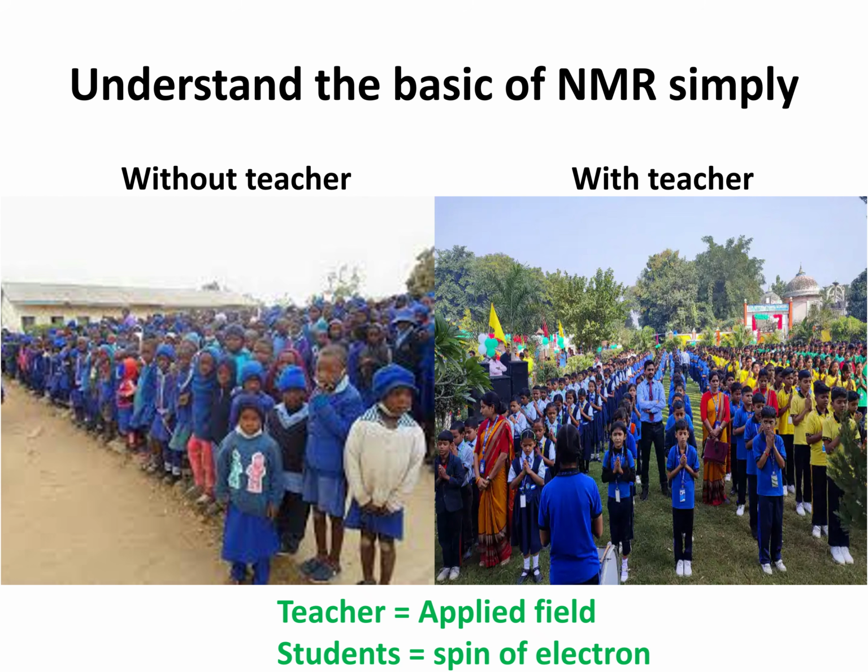Then the students will again become disorganized. This is the overall concept. Whenever we apply the magnetic field, the nuclei organize aligned or opposite to the magnetic field, based on the availability of hydrogen or their chemical structure. This is the basic concept of NMR.